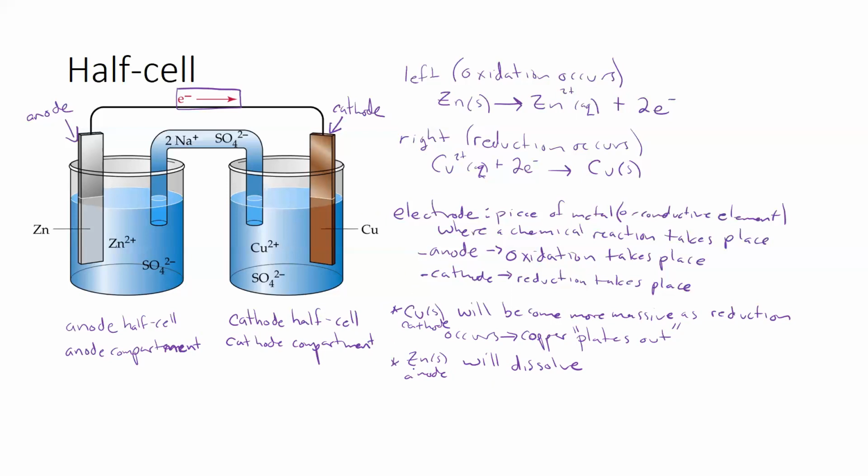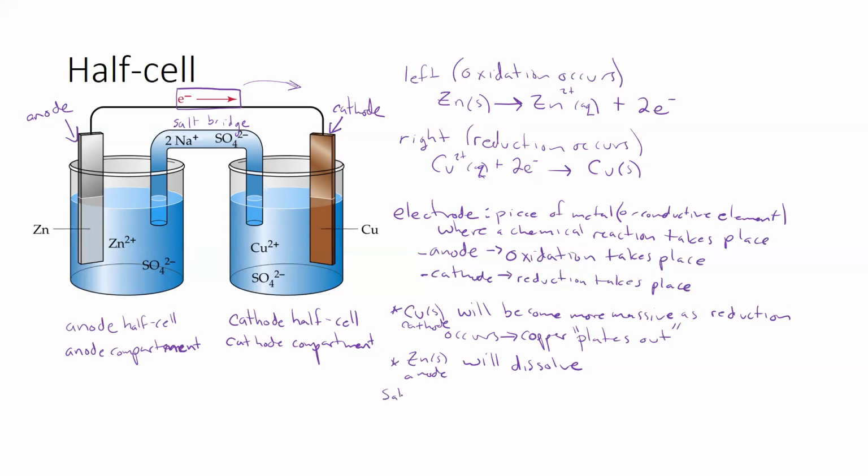Now, as that happens, remember these electrons are moving from one side to the other side, right? They're moving from the left side to the right side. So as those electrons are moving, you would start to build up charge over on this electrode if they weren't connected by this thing in the middle that we call our salt bridge. And for the salt bridge to really work, what the salt bridge is, we'll first sort of talk about that.